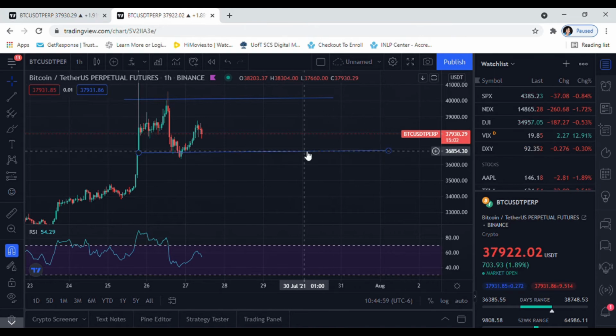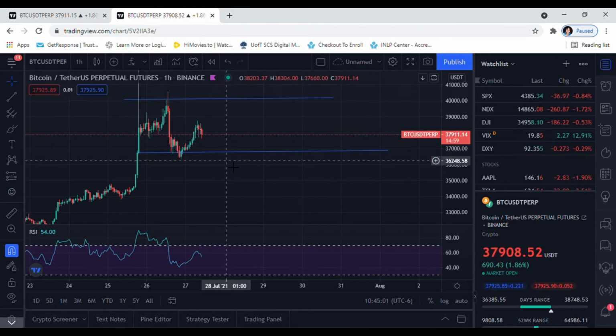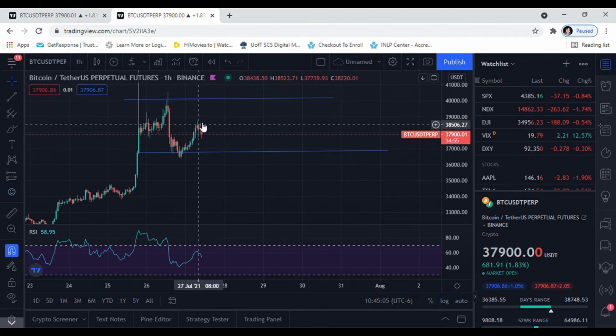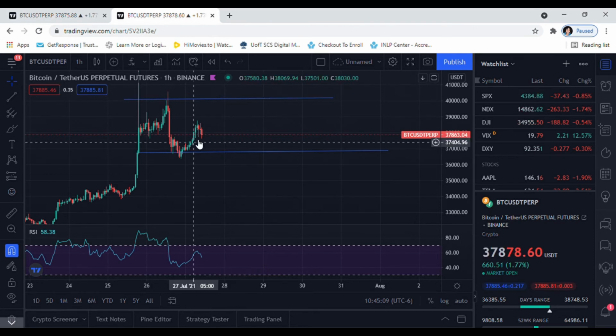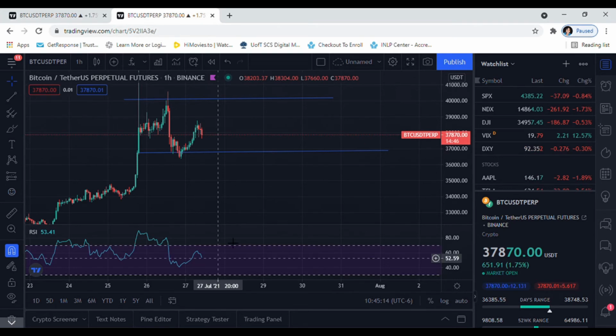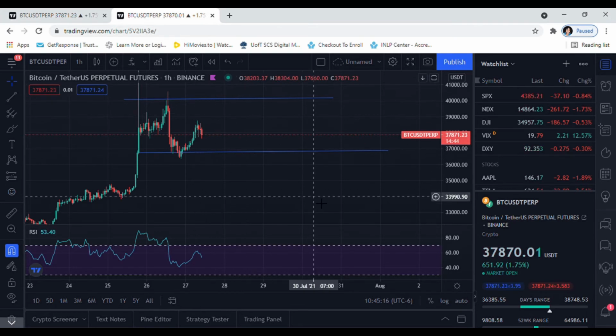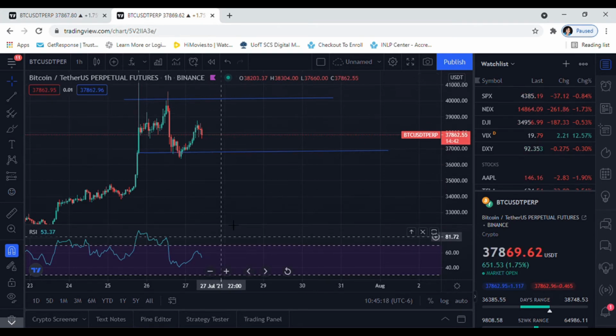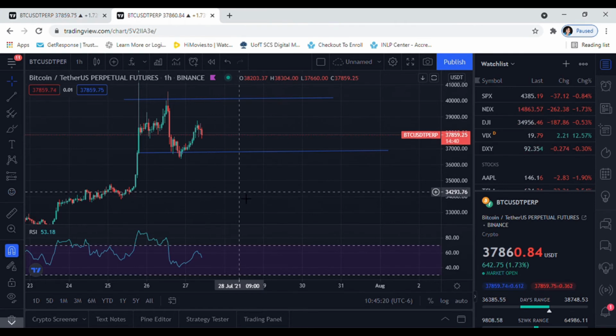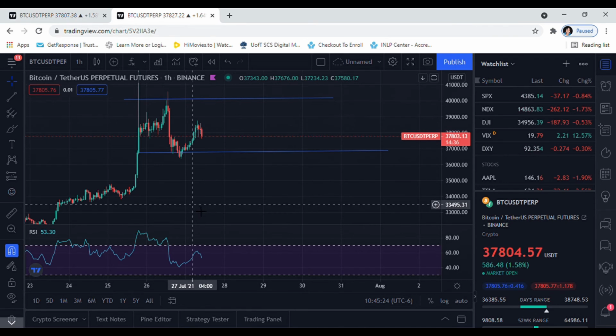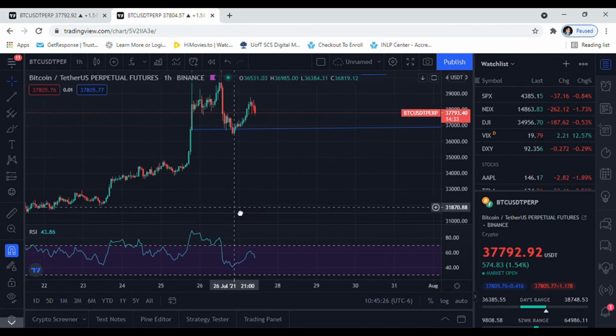Say the price was going up and you're 100% sure it's going to keep going up, but then bad news about Bitcoin comes out, the price would just revert and start crashing. And the opposite is true. If the price was going down and then suddenly there's some good news about Bitcoin, the price would just boom, pump, start going back up. So you need to be very, very careful when it comes to that.